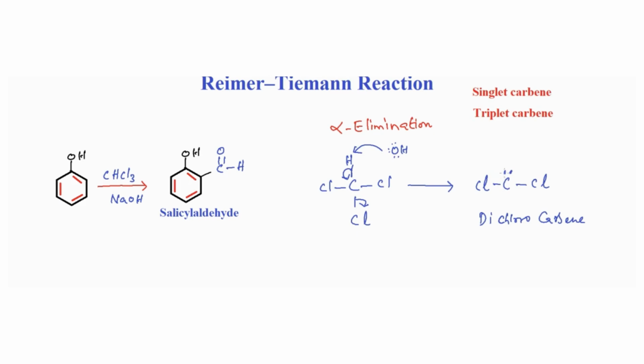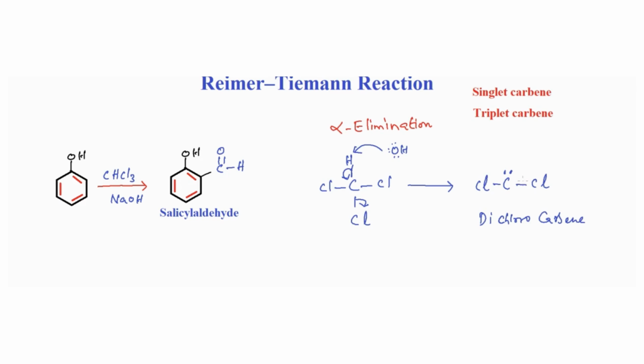There is one lone pair, that is 2 electrons, and 2 in the bonding, total 4 electrons. So here the carbon has the complete valence electrons, 4. Then definitely it should be a neutral species. However, this can act as an electrophile or nucleophile according to the nature of the carbene.